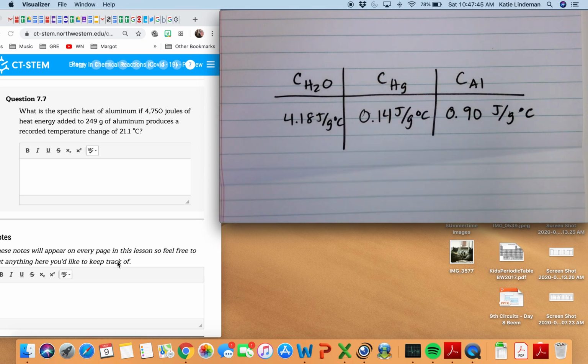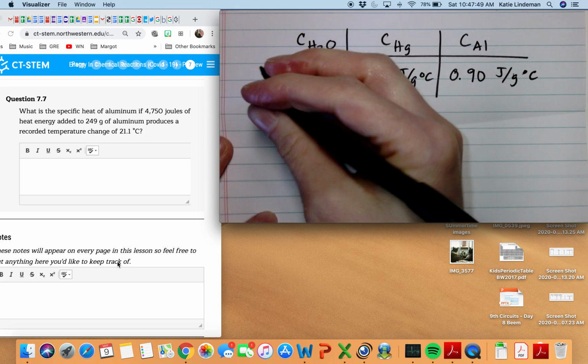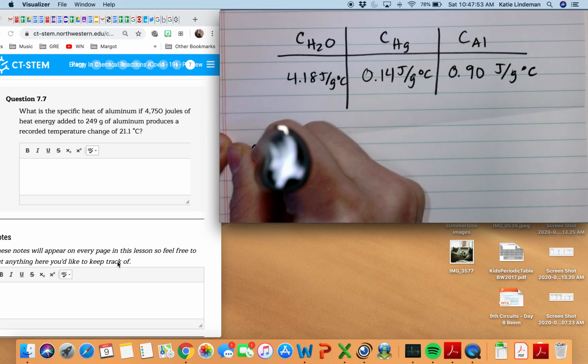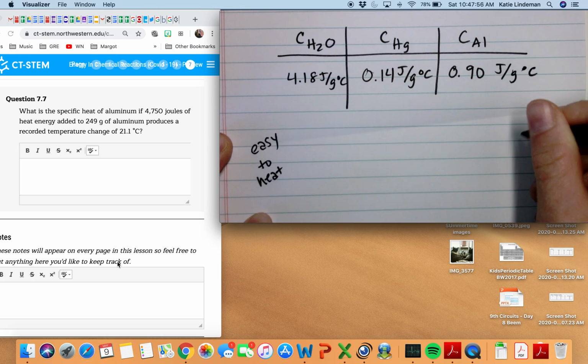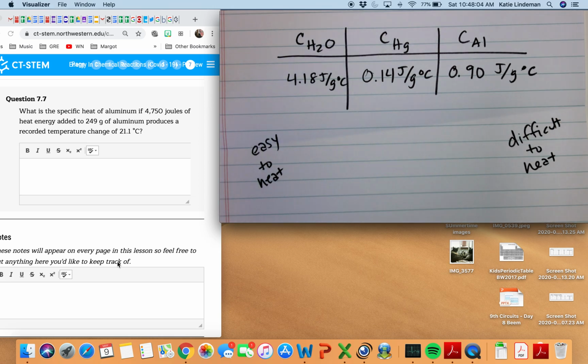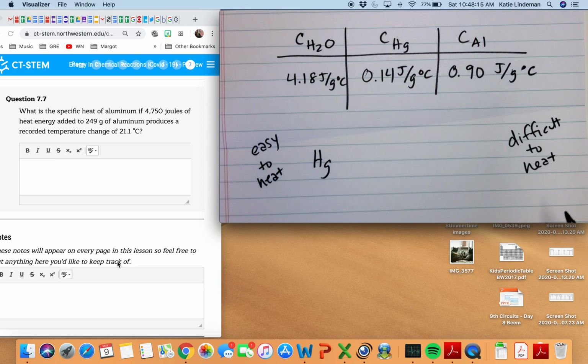Okay, so if I'm going to rank these in order of easiest to heat up or more difficult to heat, the easiest one of these to heat is going to be the one with the lowest specific heat. So the easiest one to heat is going to be mercury.